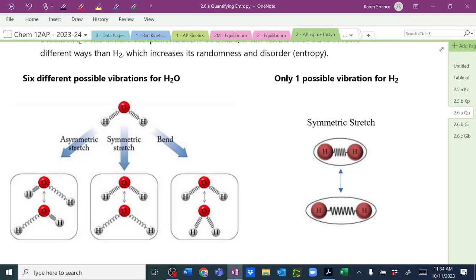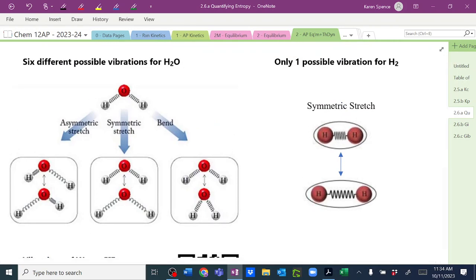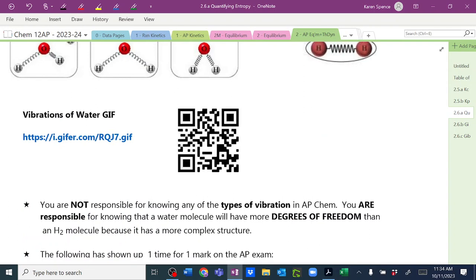So basically, if you have H2, the only thing you can do is symmetric stretching. You cannot asymmetrically stretch. That's not a thing. That's just the same thing as going like this, right? So we're going to take a little look at a video here. Where is it?